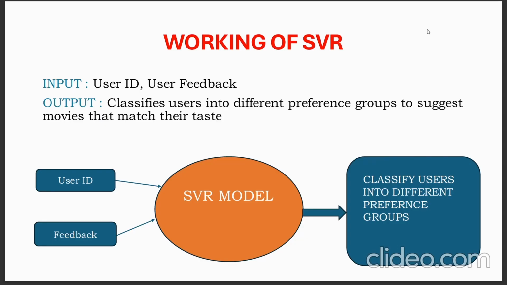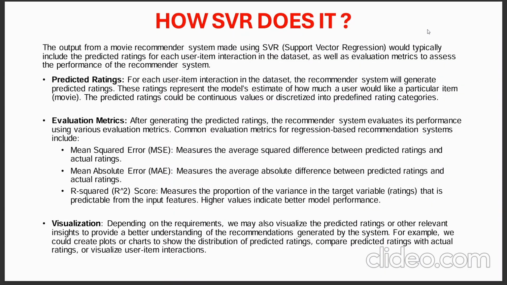Now let's move towards the SVR. The inputs for the SVR are user ID and user feedback, and it classifies multiple users who have similar taste in movies together. So it gives preference to the group of such people. The diagram explains this pretty well. Now let's see how SVR does it.